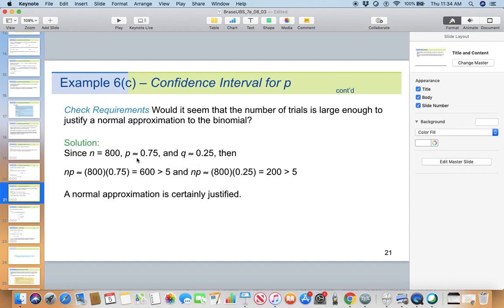So they are approximate values for P and Q. n times P, approximately, you multiply n and the approximation, you get 600, which is greater than 5. And n times Q is approximately 200, greater than 5. So a normal approximation is justified.